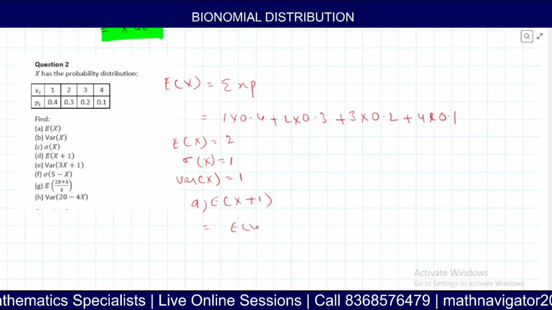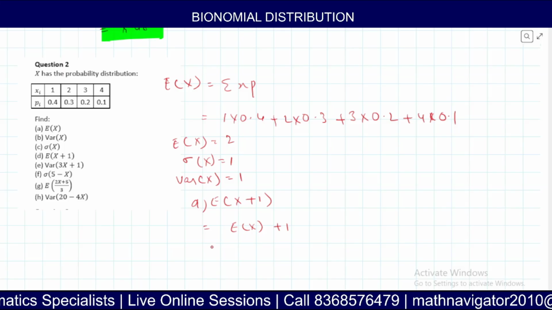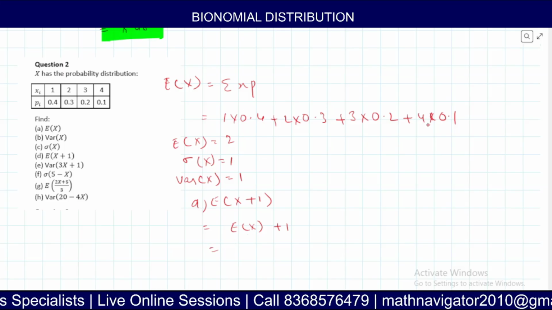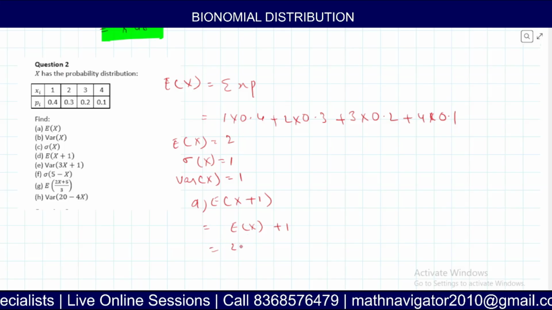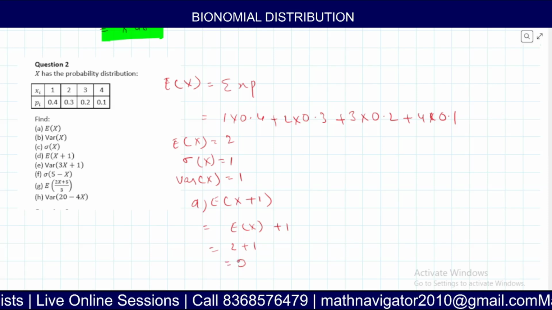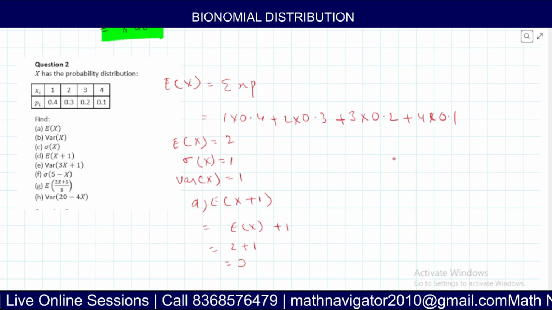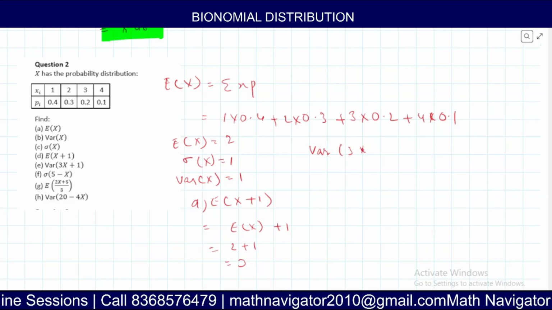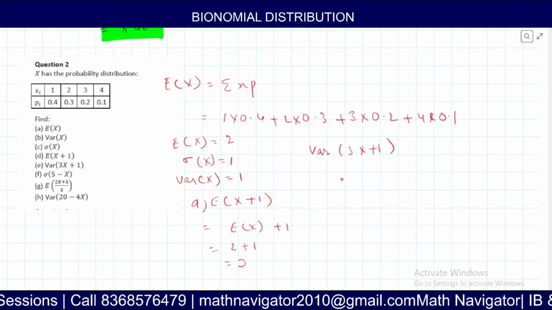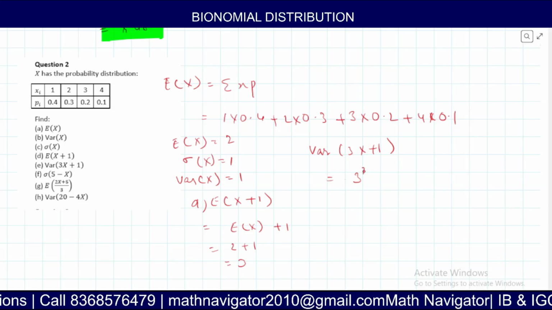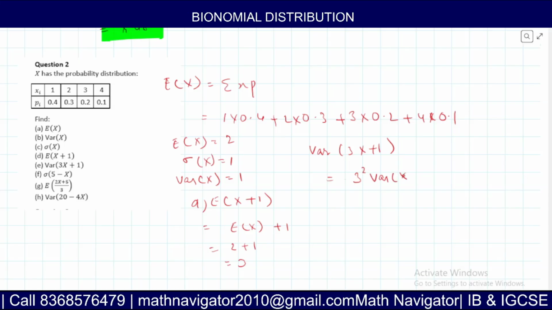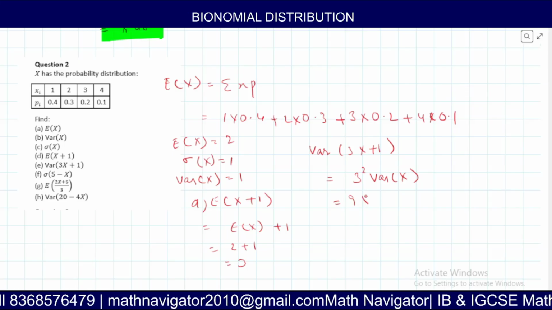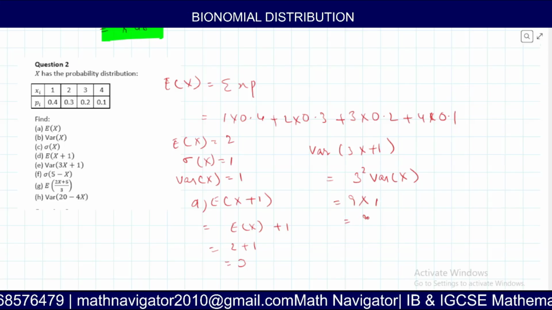What was my expectation of X? Expectation of X was 2, plus 1 is equal to 3. Now variance of 3x plus 1. How will you do it? So 3 squared times variance of X. This is the formula. 9 times 1 is 9.